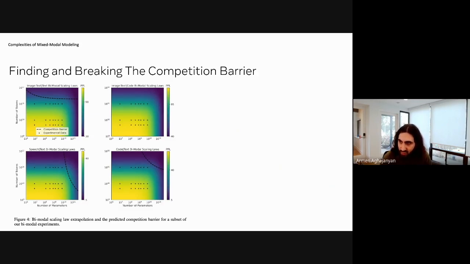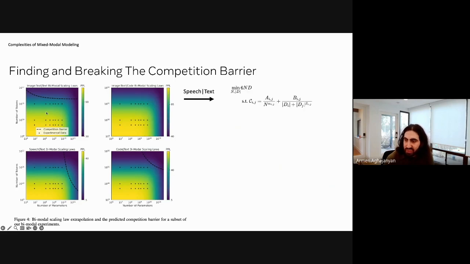So what we did here is, this is a plot of a couple of different bimodal trainings. Let me say this black dotted line for each one of these represents the theoretical competition barrier that we fit with empirical data, right?